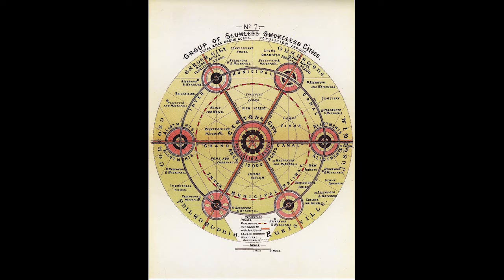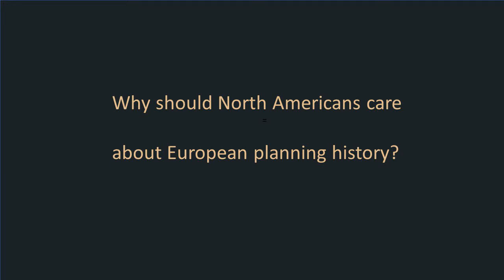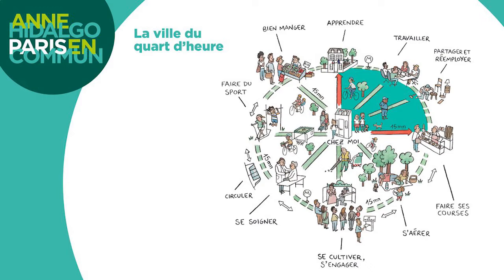As somebody who lives in North America today, you may wonder why efforts launched on another continent are so significant to us, and how influential they were here. Just as we see today, great ideas like the 15-minute city were promoted and implemented by somebody else, in that case, Paris Mayor Anne Hidalgo.